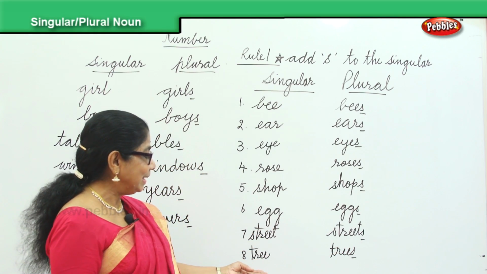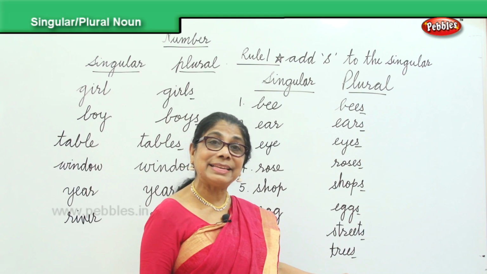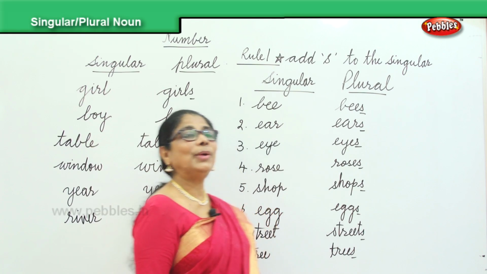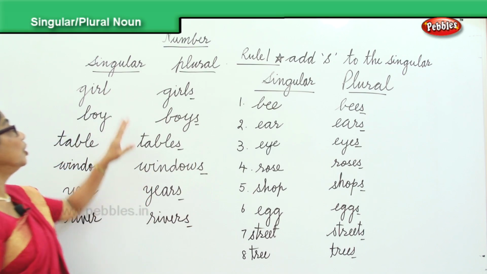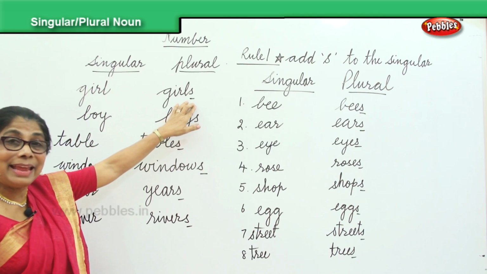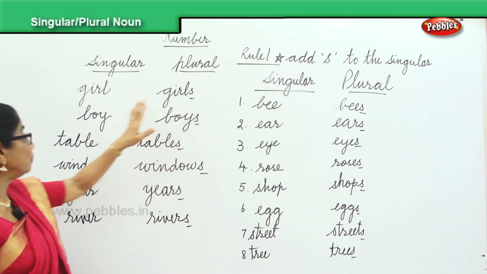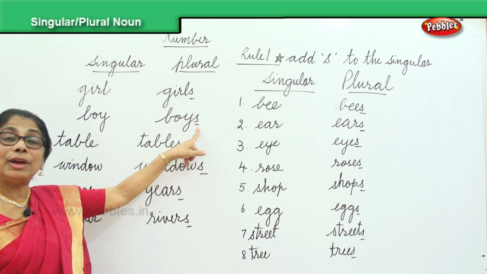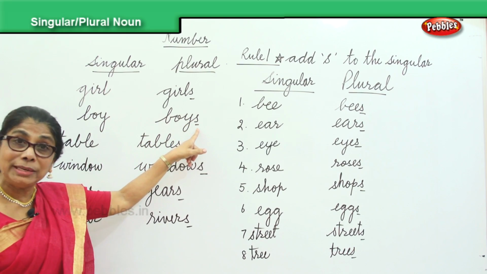Then you have tree, number of trees, you added an s to form the plural number. You have trees. Here you have girl, singular, to form the plural number you have added s and you have girls. Then you have boy, you added an s at the end and you have the plural number boys.